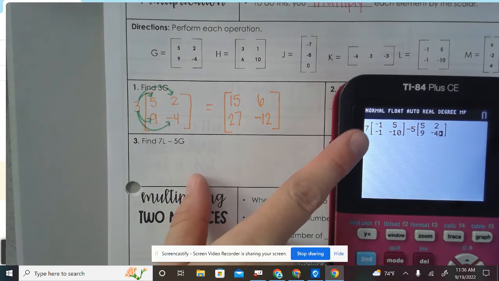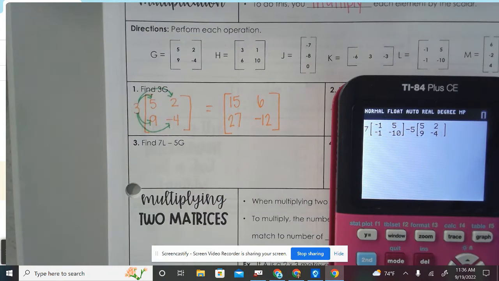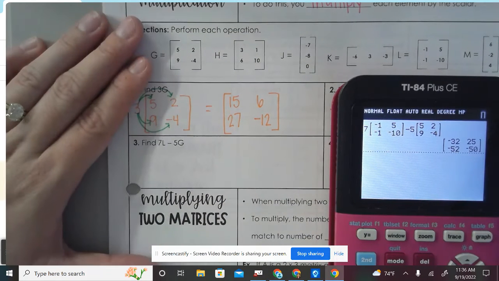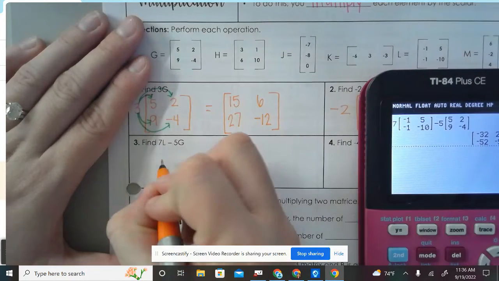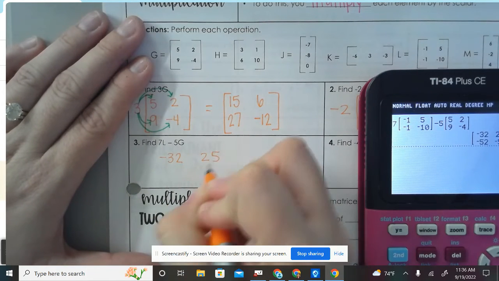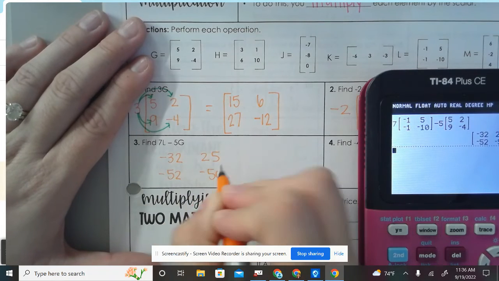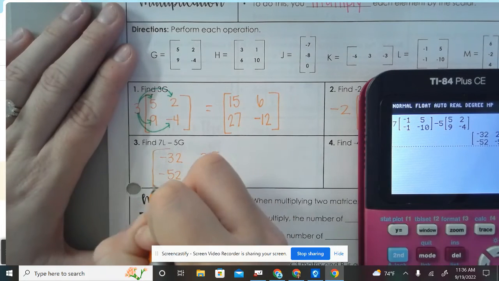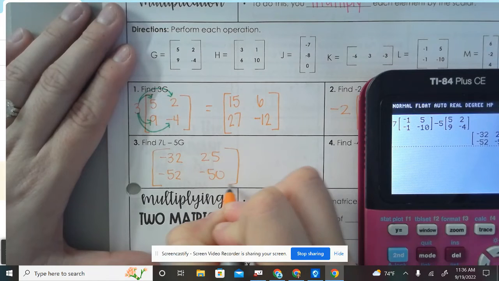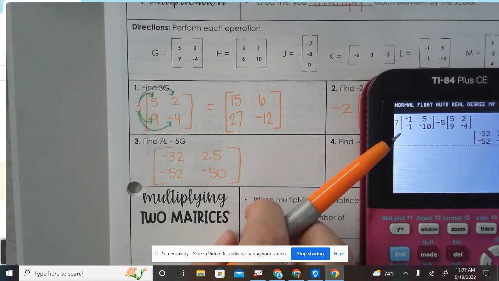Notice how I have typed 7 and then a matrix, minus 5 and then another matrix. Any questions on how I typed this in?